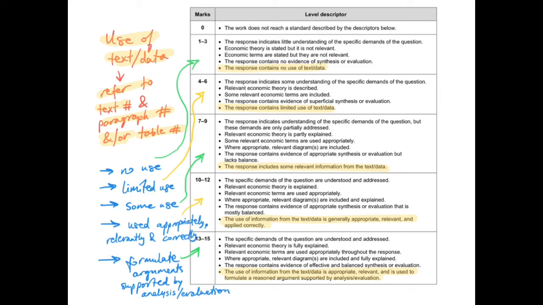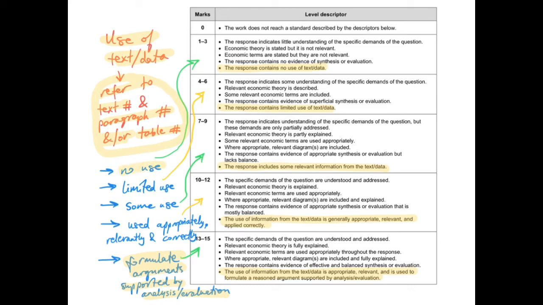Okay, make sure you refer explicitly. Don't be vague, be explicit. Refer explicitly to the text number and the paragraph number and or the table number whenever you're using statistics or evidence from the text. Now, to access level 5, you have to use information from the text and the data appropriately, and this information is relevant, and you've used it to formulate arguments supported by analysis and evaluation.